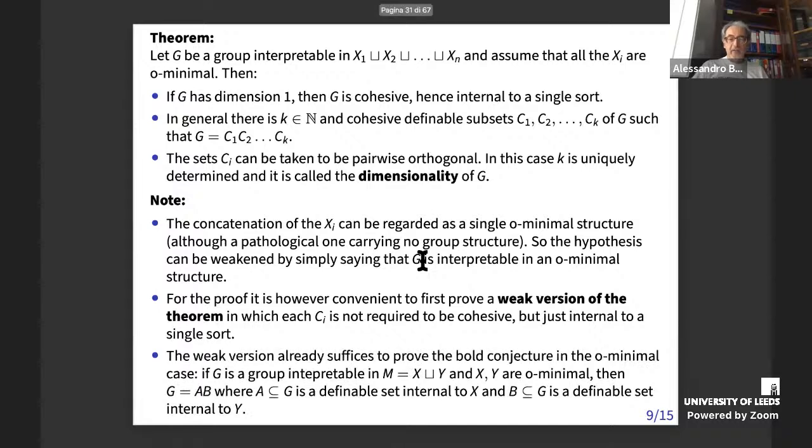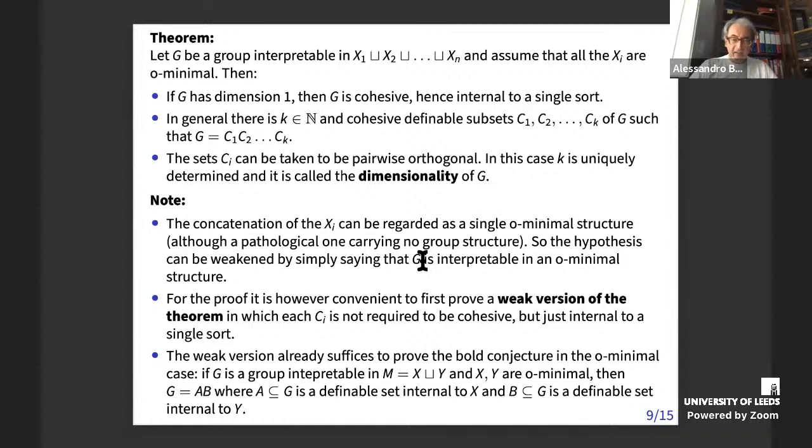And notice that the weak version of the theorem is already sufficient to prove the bold conjecture in the minimal case. So if you have a group interpretable in two orthogonal sorts, minimal, then it's a product of two subsets, one internal to X and one internal to Y. So we are aiming towards the theorem.